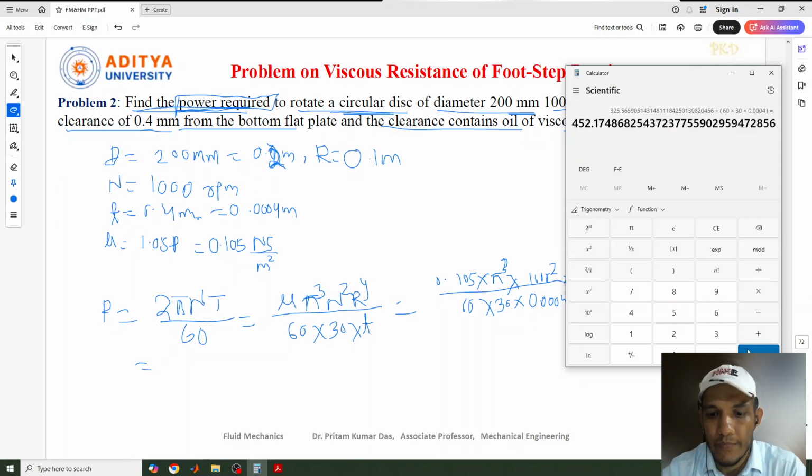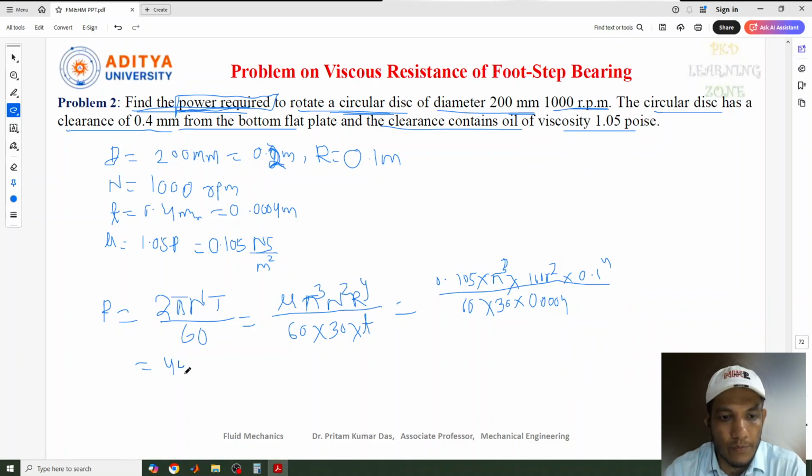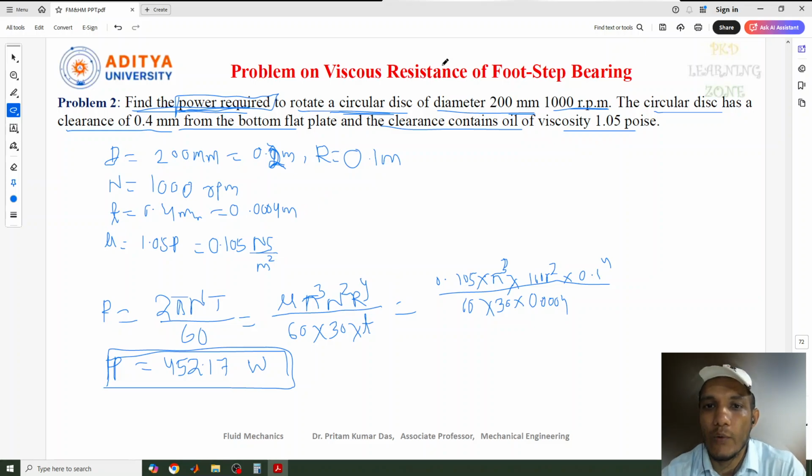Enter. This is 452.17 watt. So this is the power required to rotate the circular disc of this diameter. So this is our final answer.